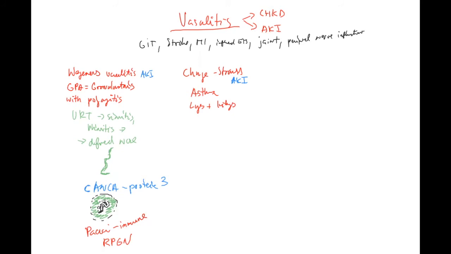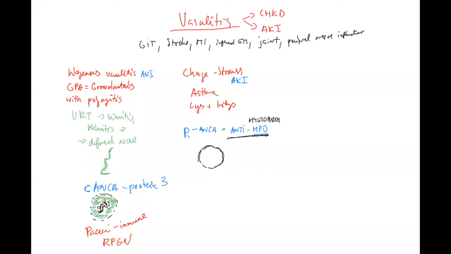And p-ANCA means perinuclear. So they have perinuclear antibodies. So this is anti-myeloperoxidase, MPO. Okay? And MPO is in the perinucleum. So if you put a neutrophil in a microscope, you'll get antibodies that are aiming at the perinuclear region, p-ANCA, or if they're aiming at the myeloperoxidase, I will write it here, myeloperoxidase.